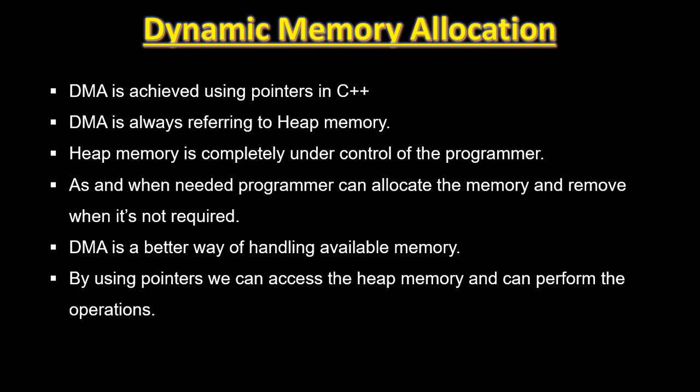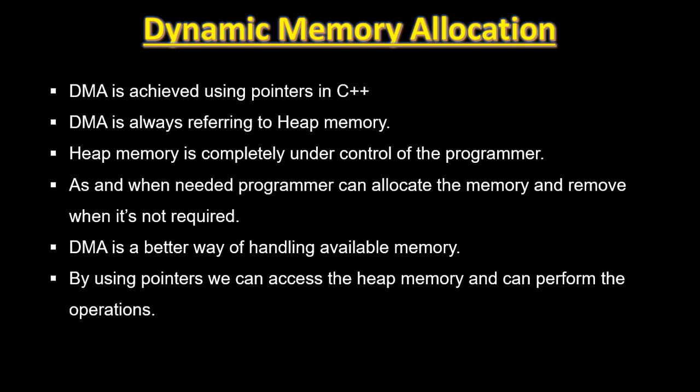DMA is a better way of handling available memory. When we talk about process speed and resources, mainly we talk about our RAM. Whenever you run any program, it runs on RAM. If the RAM size is less, you have to handle the memory efficiently.